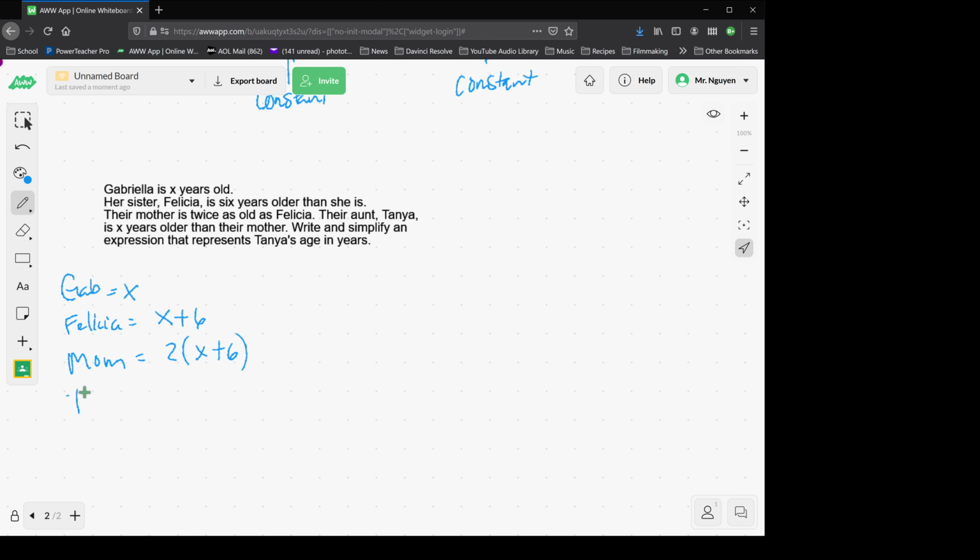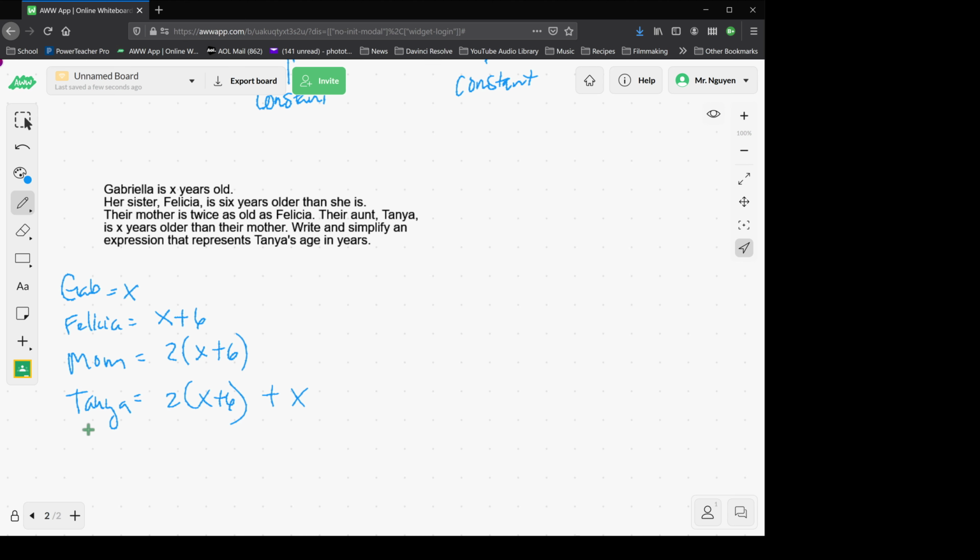Their aunt Tanya is x years older than the mom. Write and simplify an expression that represents Tanya's age in years.